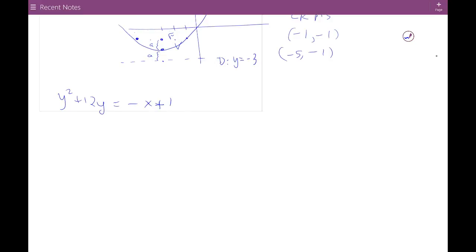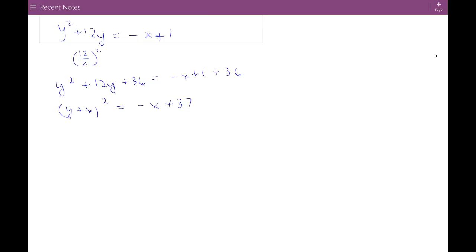And this one's a little trickier. To get the square completed, I need 12 over 2 squared. So that says I need to add 36 to each side. So I have (y plus 6) squared equals -x plus 37. Well, again, you never have two terms on the right.